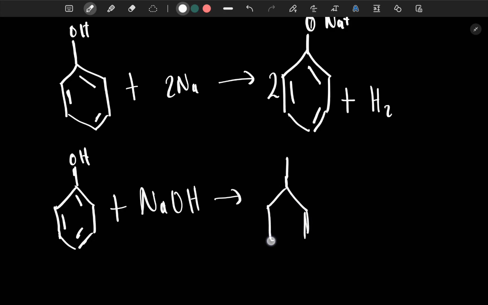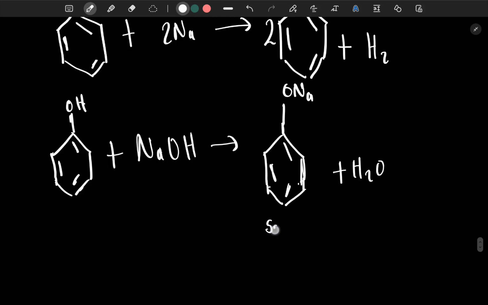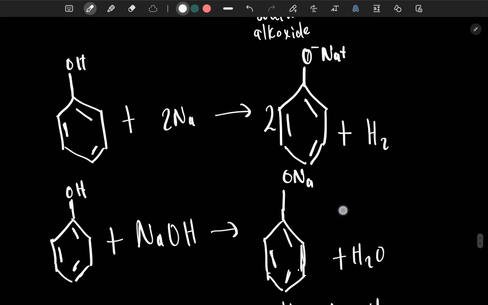We saw that acid plus metal is salt plus hydrogen. Acid plus base is salt plus water. So you have it like this. And here you now have your ONa. And what would you have as your byproduct? Water, H2O. And this is now called sodium phenoxide. It's from a phenol. It's sodium phenoxide. And that is what you have.